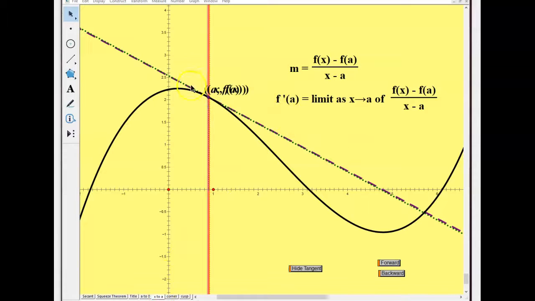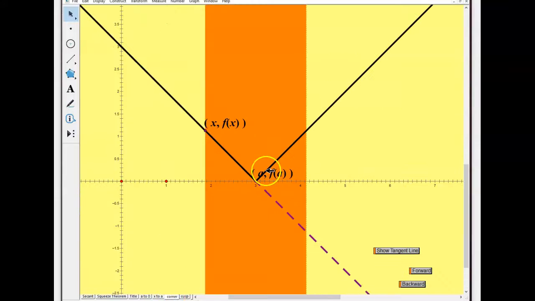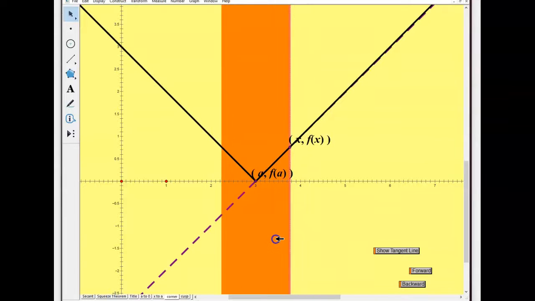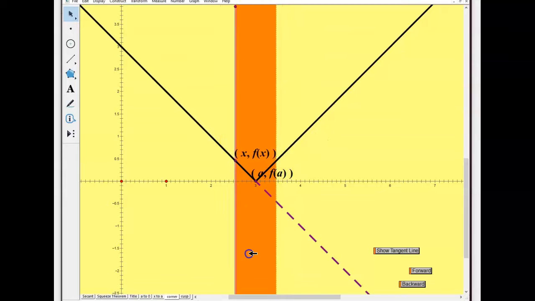So the derivative, the slope of the tangent line, we're going to be able to find the slope of a tangent line at any place where the function is continuous, except for a couple of new places that we need to look at, and those are corners and cusps. So I look at a corner, that's like an absolute value function, and if I get closer and closer to a here, notice that as soon as I got past a, it flipped.